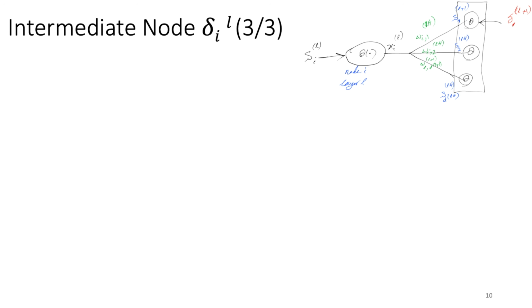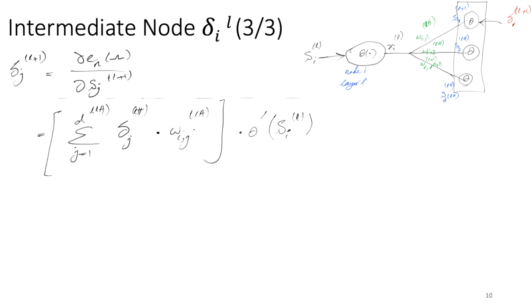Again, you have the scheme there. Expanding this from the previous slide, you would have the sum of all those j's from I up to D LH of their delta LH.